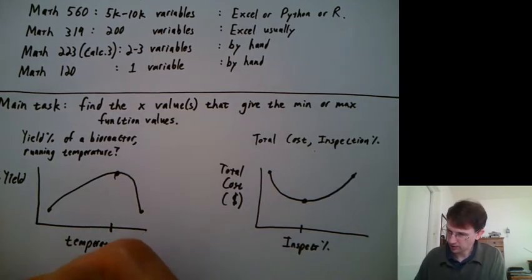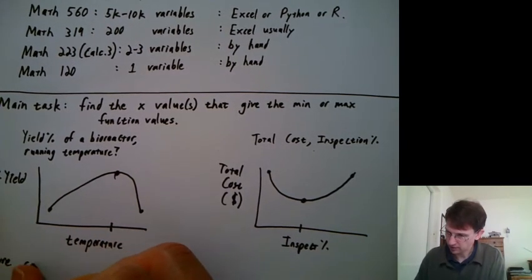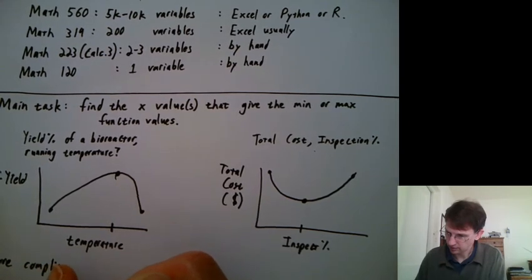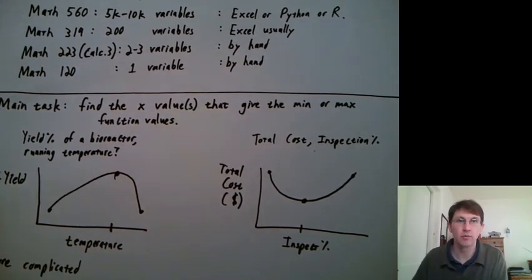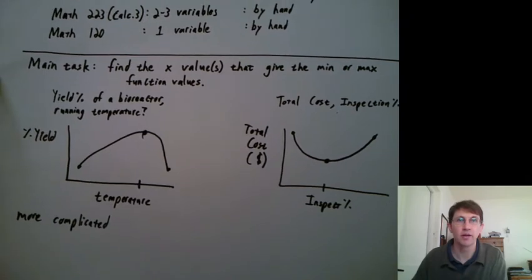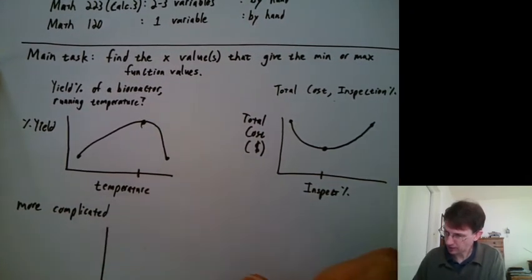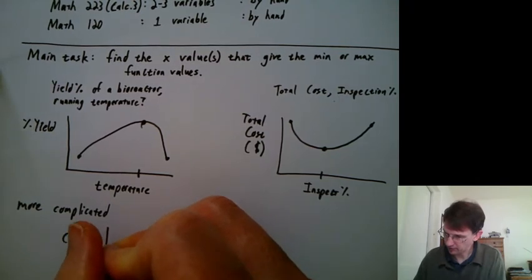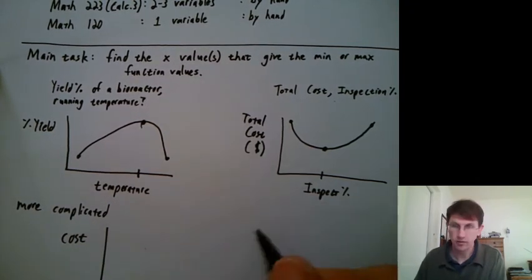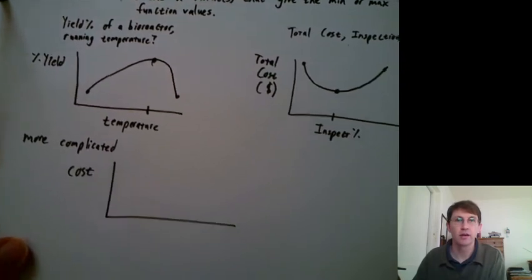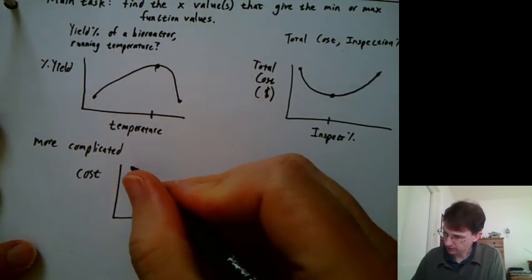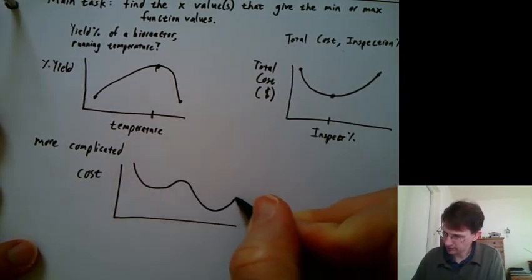But a more complicated situation doesn't happen too often in one variable, but happens a lot when you have more variables. You might have some kind of cost there, and it could be inspection percent or whatever. What if your function goes like this?